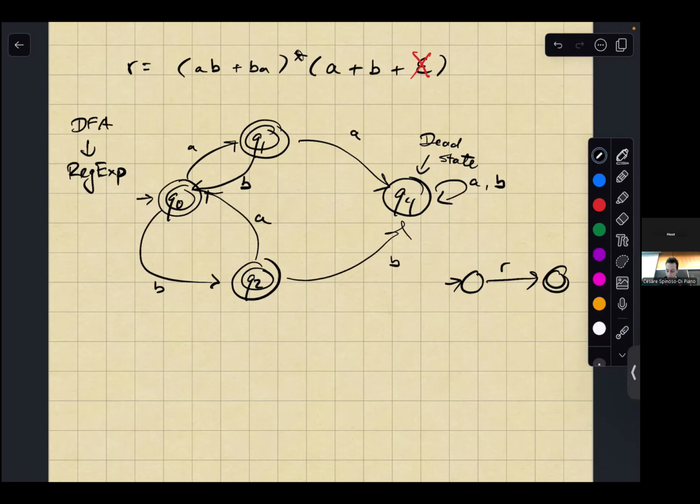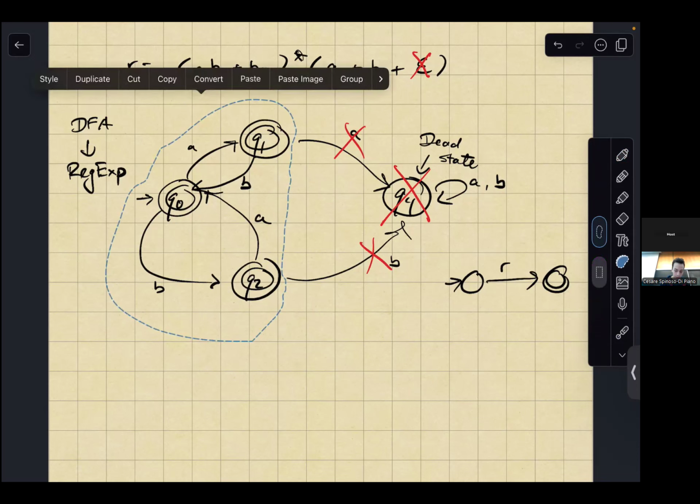So I can just delete this state and its edges. I don't have to think about what to preserve by deleting state Q4, because there's nothing worth preserving that actually goes to an accept state. So that's great. Now I have this DFA.